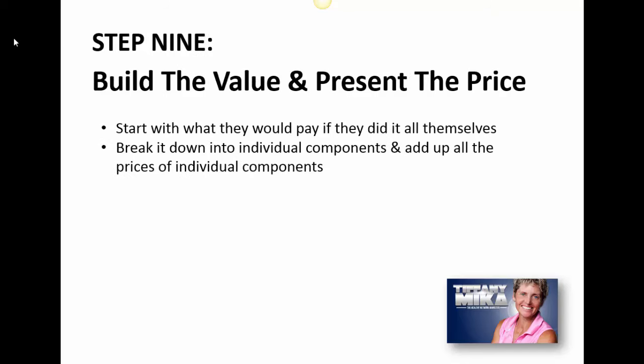Step 9, build the value and present the price. Start with what they would pay if they did it all themselves, then break it down into individual components and add up all the prices of the individual components. You see that in webinar presentations: program 1 would cost you $199, program 2 will cost you $250, and so on.